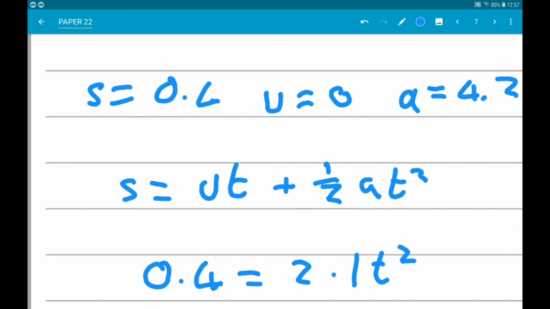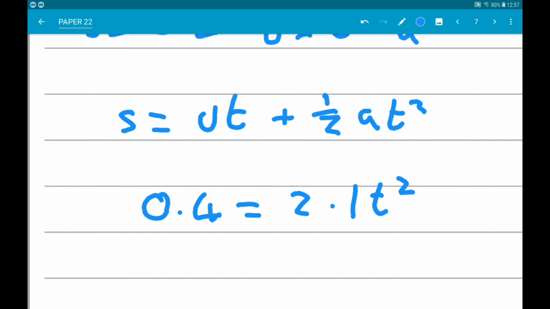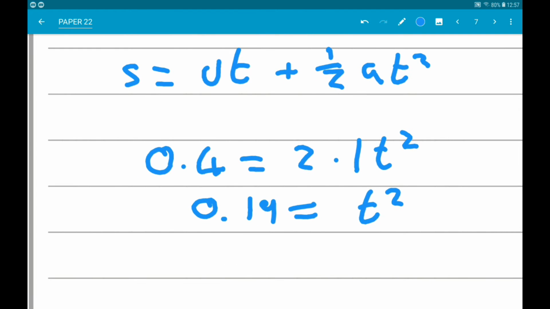Divide by 2.1, we get 0.19 is equal to t squared. Square root, we get t is 0.44.